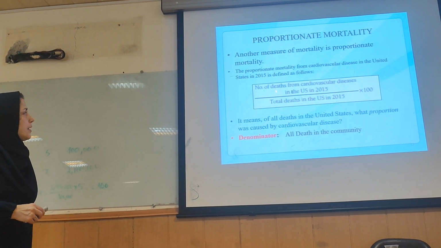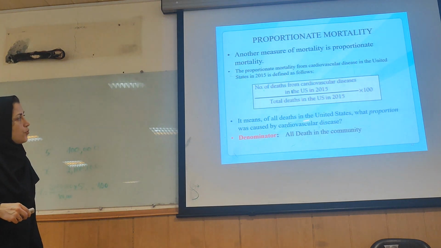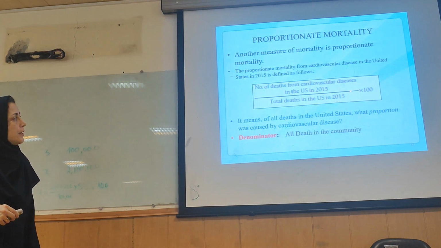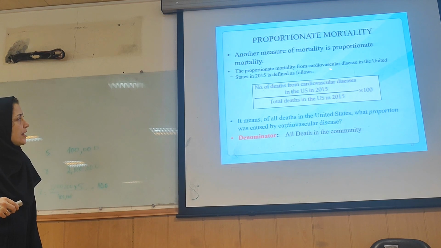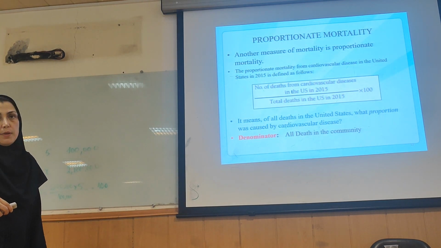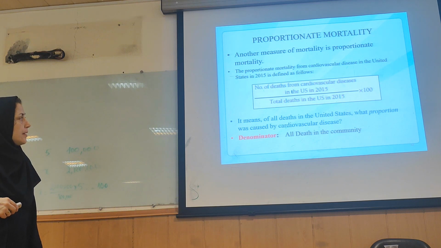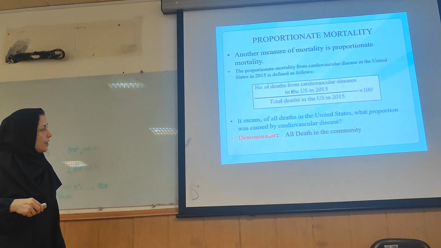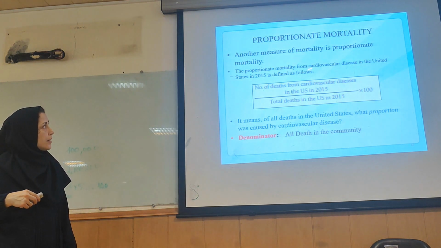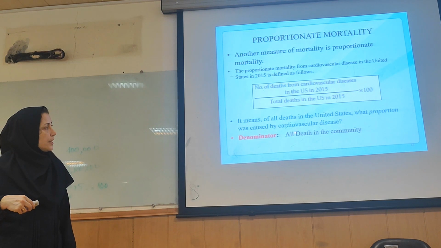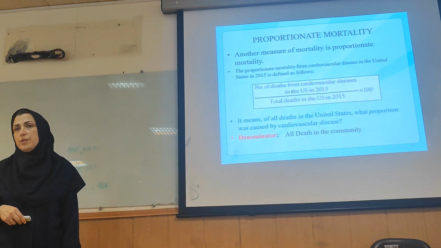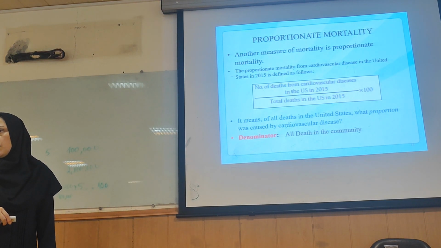Total deaths in the US in 2015, number of deaths from cardiovascular disease, multiplied by 100. Okay, so the denominator in proportionate mortality is all deaths in the community. Okay?